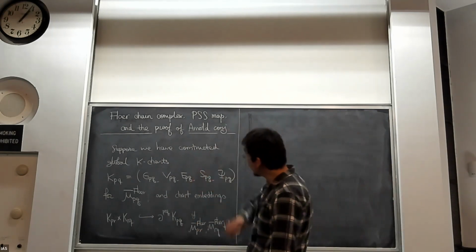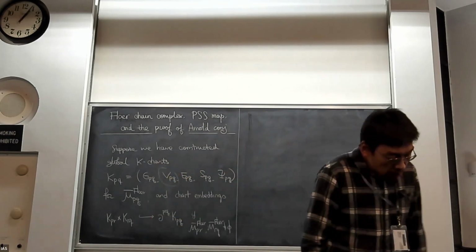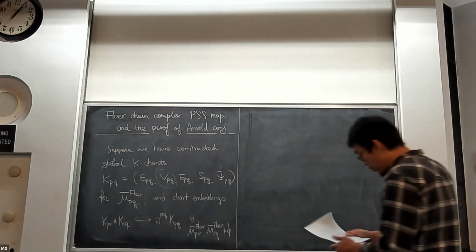Remember that in this Floer case, the domains of those moduli spaces will have boundaries and corners in general.